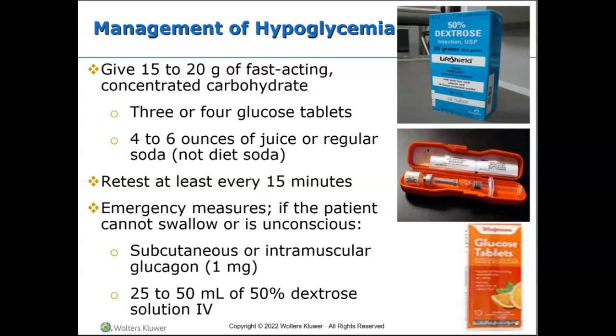And then they should wait about 15 minutes, retest their blood glucose levels until they get a reading of 70 or higher twice in a row, okay? And then they should plan to eat a meal within the hour after that.